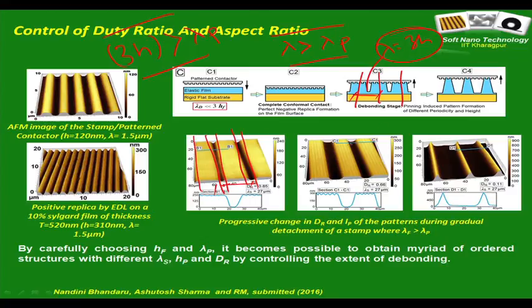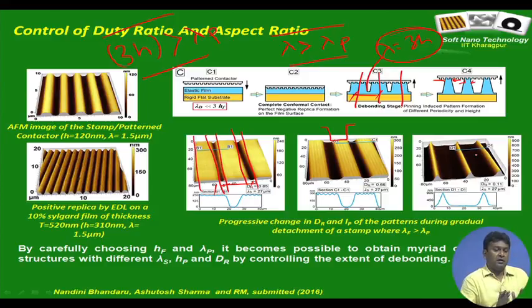But what is more interesting is, now if you debond, the areas of the film which are in contact with the stamp detach in steps over the stamp protrusion, or go into a gradual detachment mode, and that allows you to create structures.